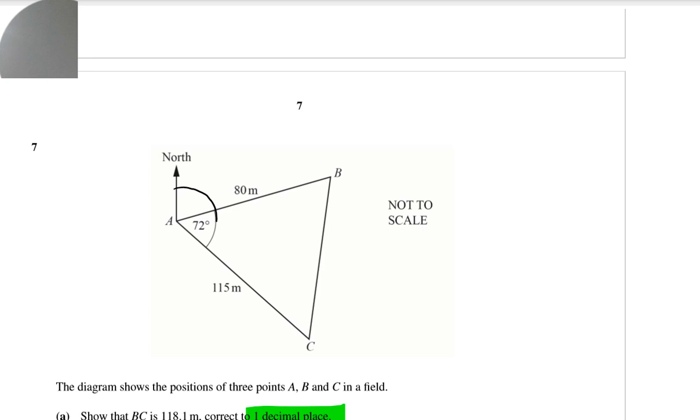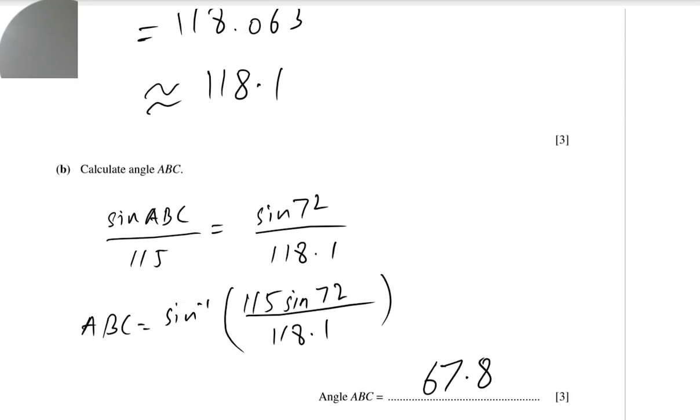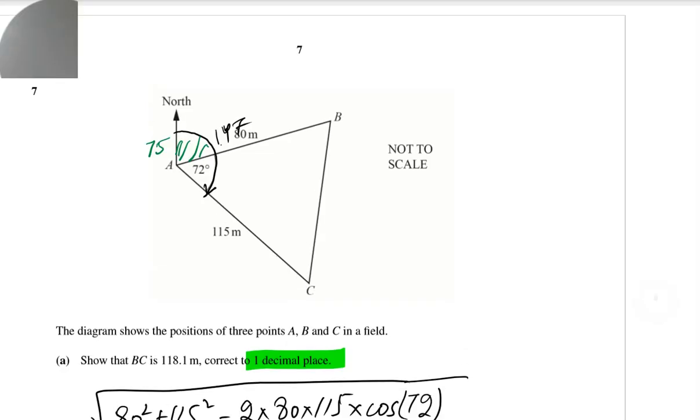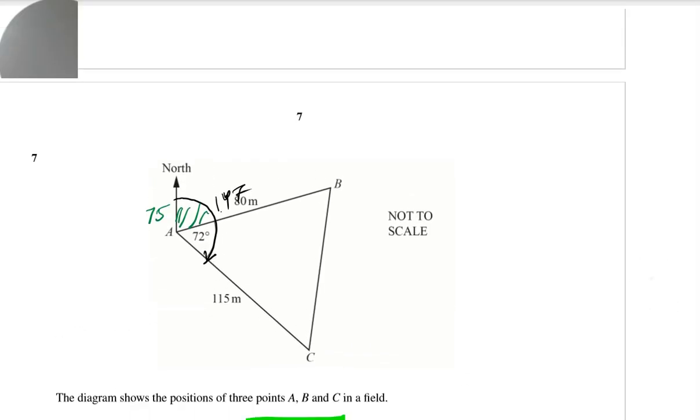This entire thing is 147. So what about just this thing? It will be 75. Find the bearing of A from B. They are asking about this thing.